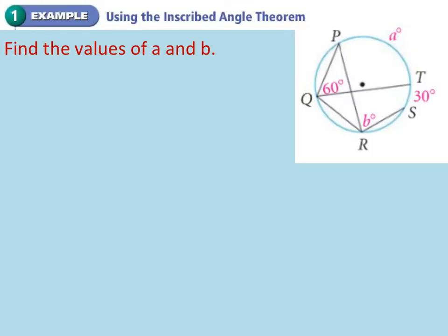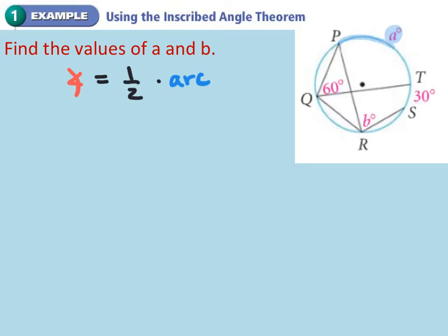Now the next problem, we're still using the same formula, but we're just making it a little bit more complicated from how it appears. So the formula is that the angle equals 1/2 times the intercepted arc. Now, looking at what I have for A, we have that A is an intercepted arc.